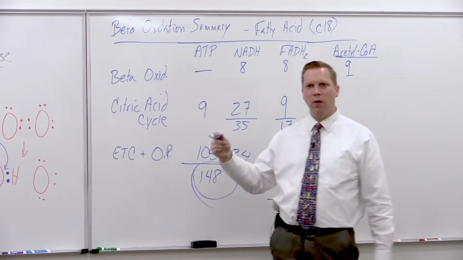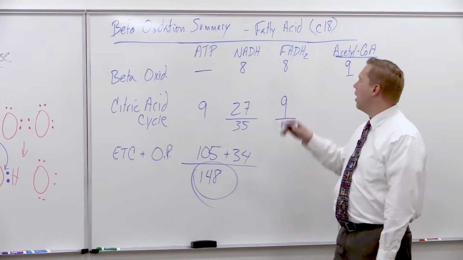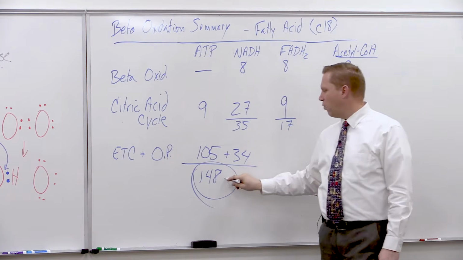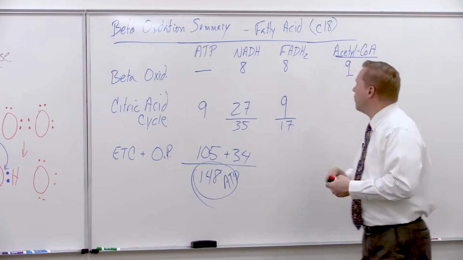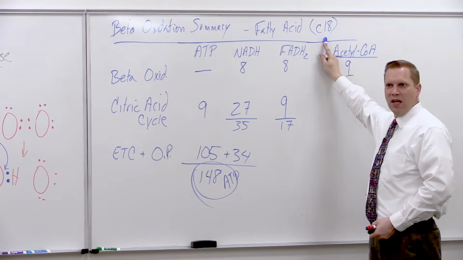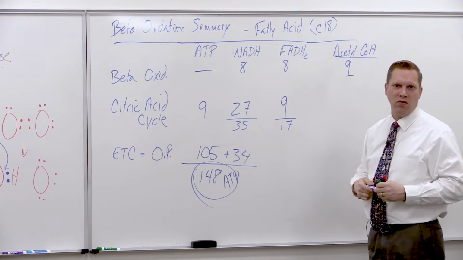So before we got 38 ATPs out of burning sugar, and out of burning a single fatty acid, I get 148 ATPs. Now there's a couple reasons for that. This particular fatty acid has 18 carbons in it. That's 3 times as long as our 6-carbon sugar.